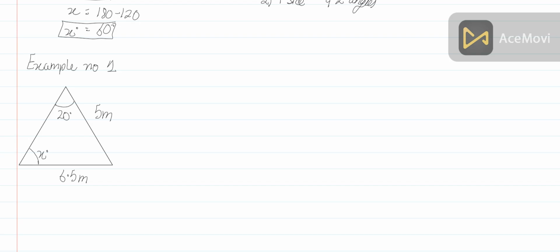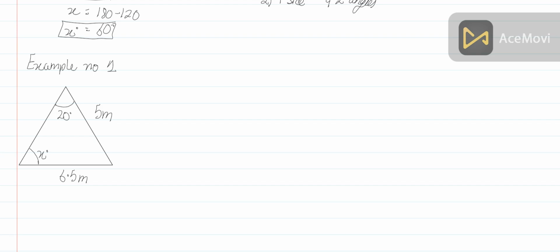Whenever these kinds of things are given to you, first you have to check whether the sine rule is applicable in this triangle. First look: two sides are given to you, which means it is necessary that one non-included angle is also present.